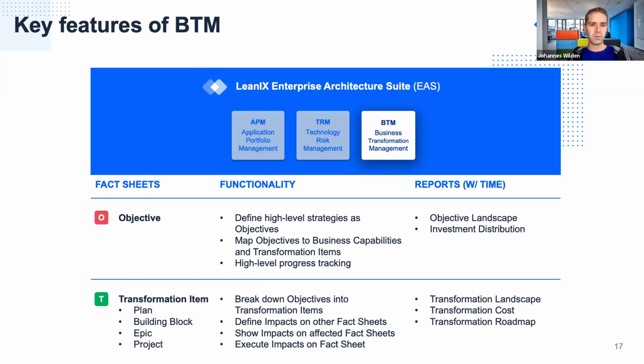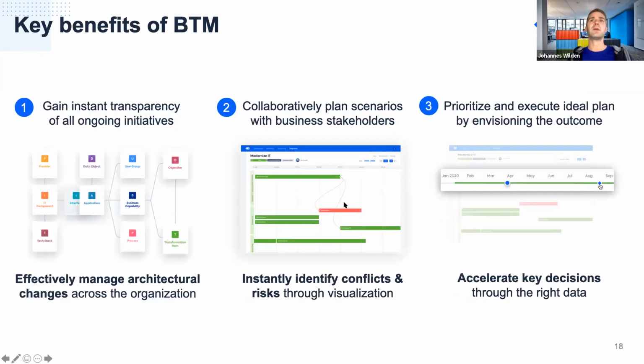But in the end, of course, I want to highlight again the key benefits of BTM. So with BTM, you can gain instant transparency on all ongoing initiatives with the objective, and that helps you to effectively manage architectural changes across the organization. The second key benefit is that you can collaboratively plan scenarios with business stakeholders.